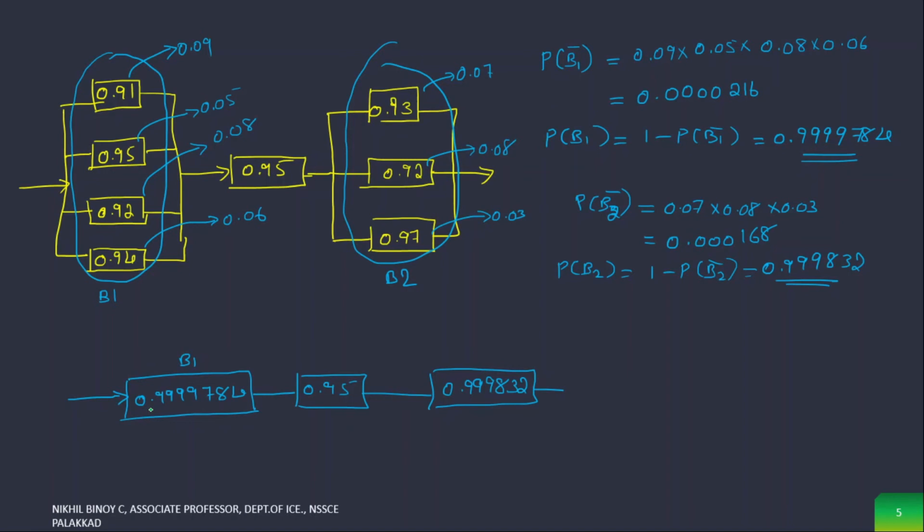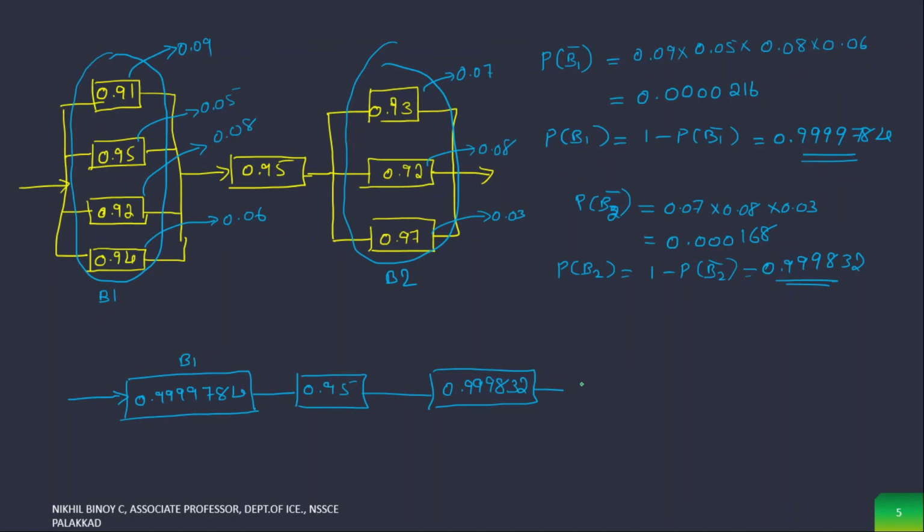Now we have a series configuration. So we have 0.9999784 into 0.95 into 0.999832.